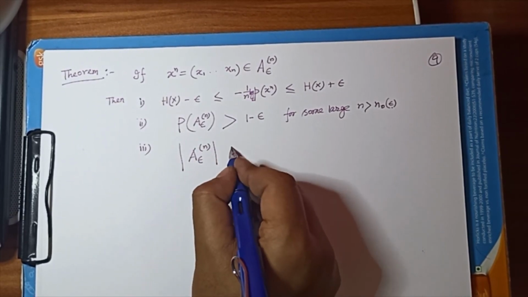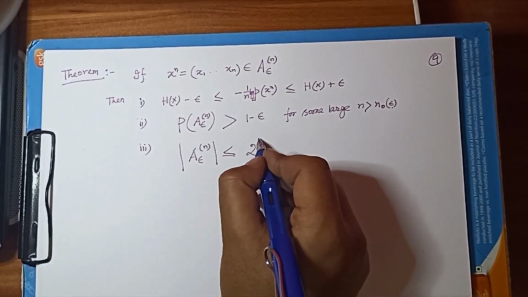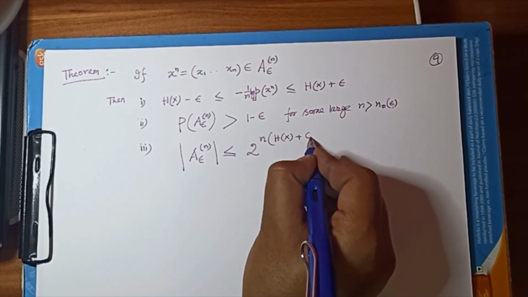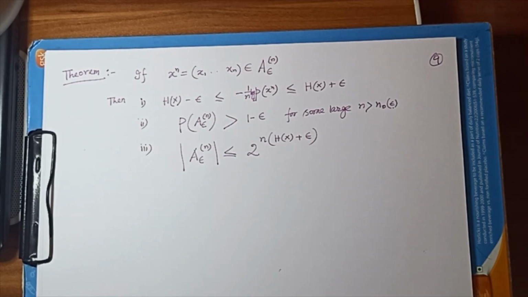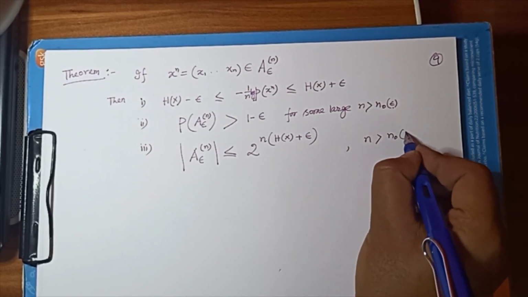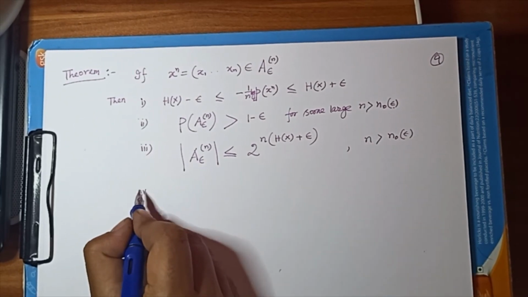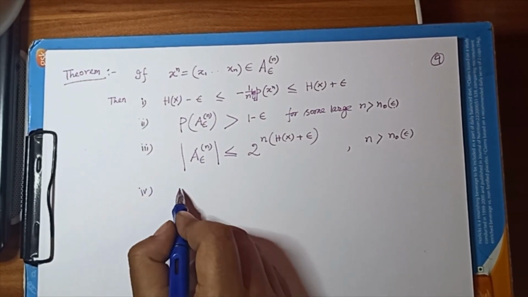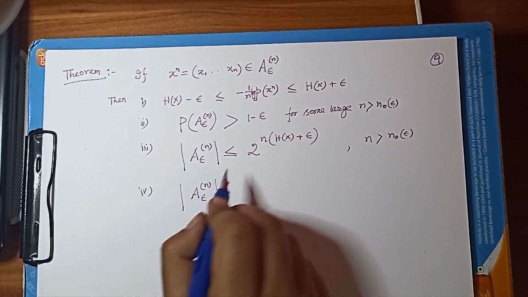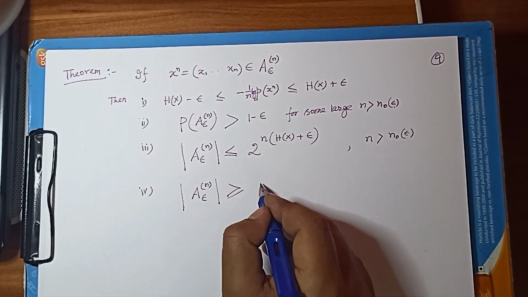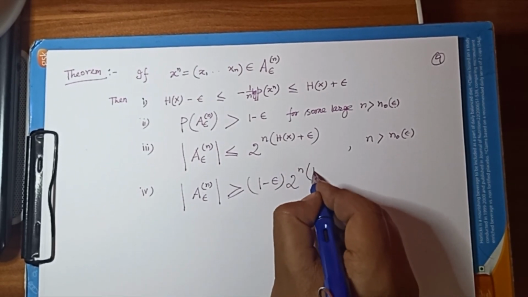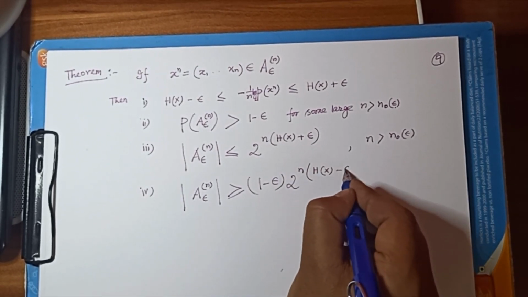The cardinality of the set is at most 2 to the power n(hx plus epsilon). That is the upper bound, again for large n greater than n0 epsilon. The lower bound of the cardinality can also be obtained. This should be greater than or equal to (1 minus epsilon) times 2 to the power n(hx minus epsilon).